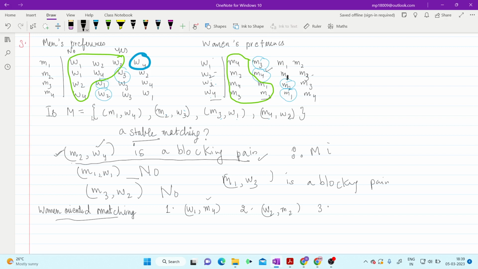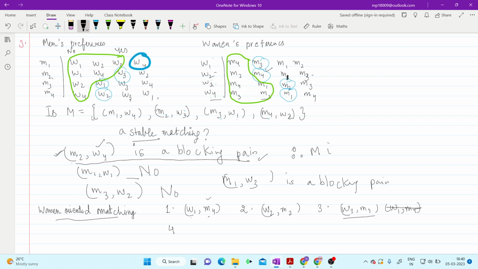We have W3M4 and W1M4, and we have to choose between these two. We see that M4 prefers W3 over W1. So third pair is W3M4.